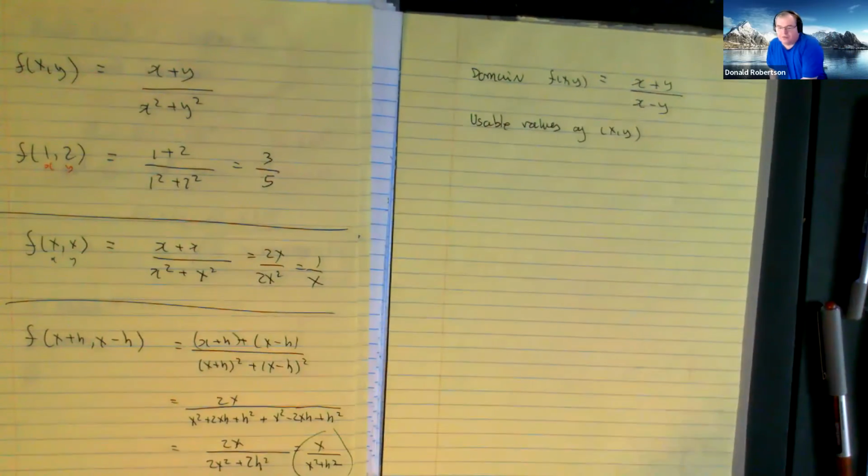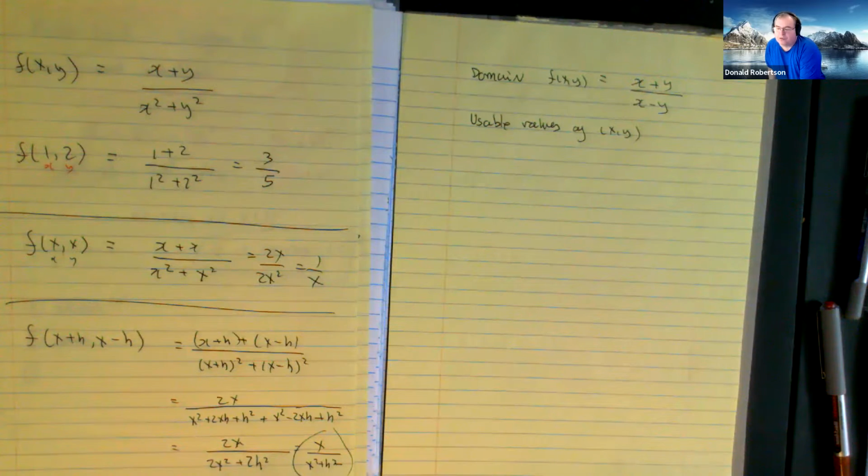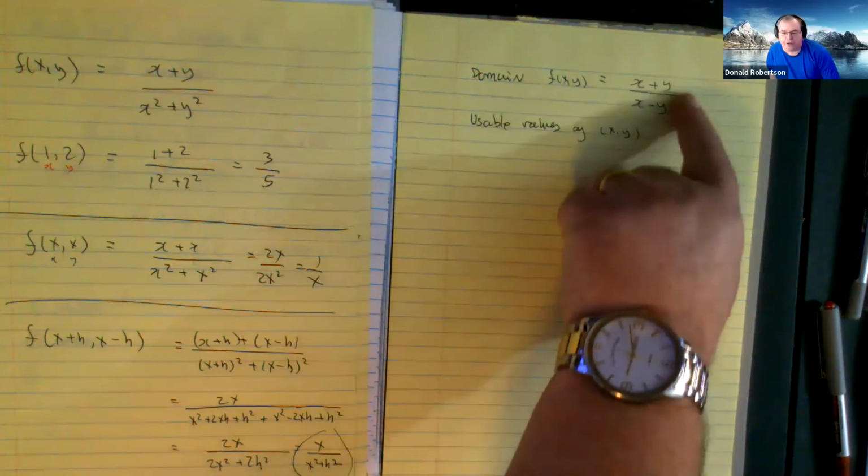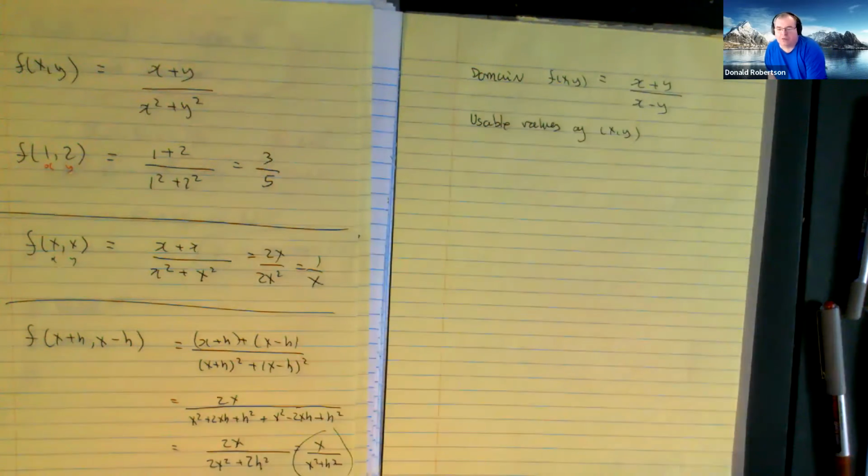Would you agree that if you're talking about a domain, it's the usable values of x and the usable values of y? And very often domains are given in terms of what they can't be. What is the only combination of x and y that would cause a problem with that fraction?